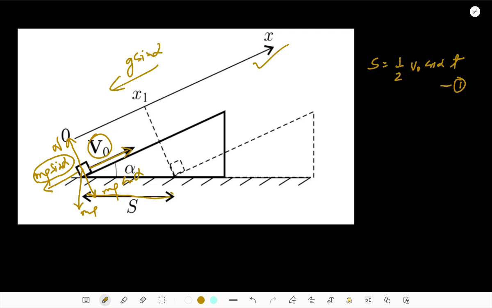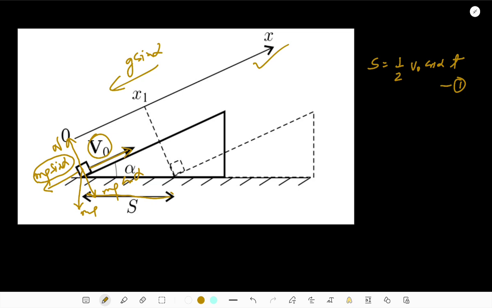The observer is sitting on the ground, and for this observer the acceleration of the cube along the x-axis is minus g sin alpha. Minus sign because it is opposite to the positive direction of the x-axis. It is towards the negative x-axis.